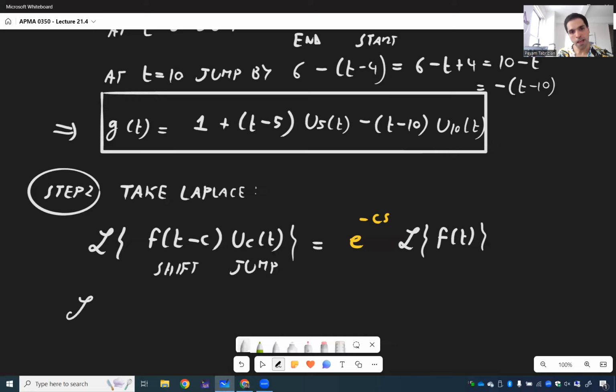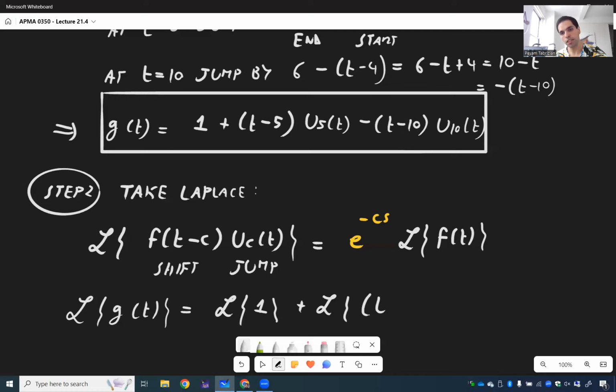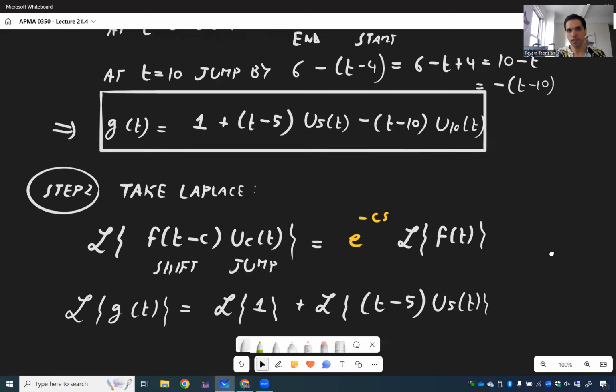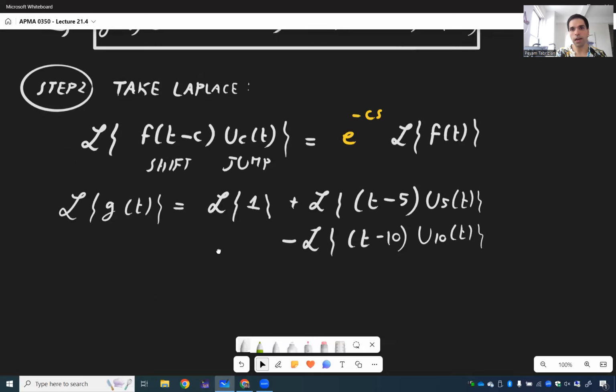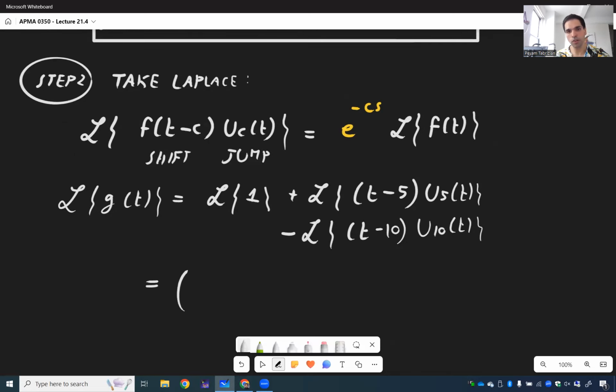So the Laplace transform of g now becomes the Laplace transform of 1 plus the Laplace transform of (t minus 5) u5 of t, minus the Laplace transform of (t minus 10) u10 of t. Well, Laplace of 1, remember it's 1 over s.